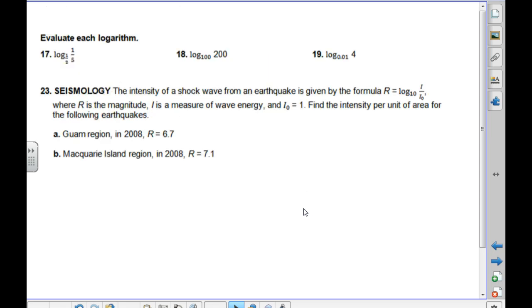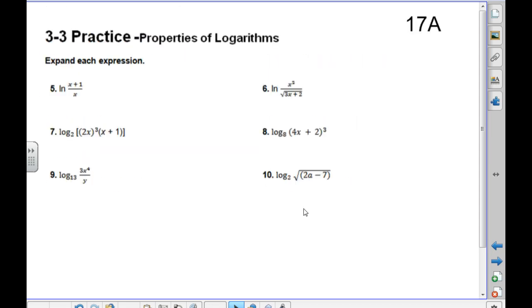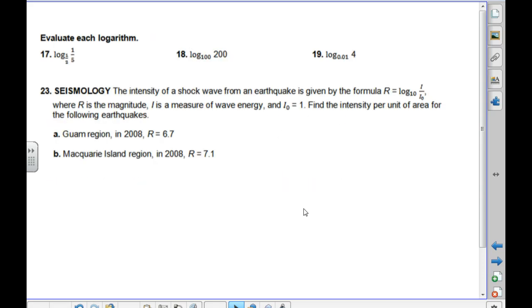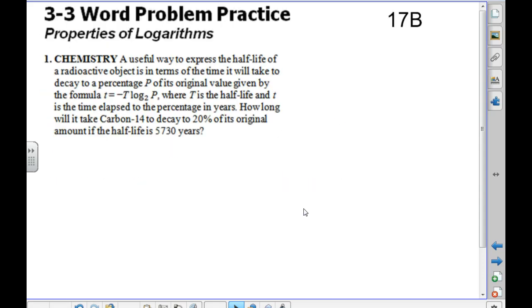Number 4. You do have to do all of worksheet 17, guys. I know it said at one point we were gonna do the odds in class and the evens for homework. Because we didn't do that, you need to do all of it. It's all fair game for the homework check.